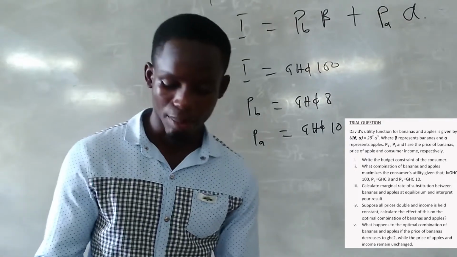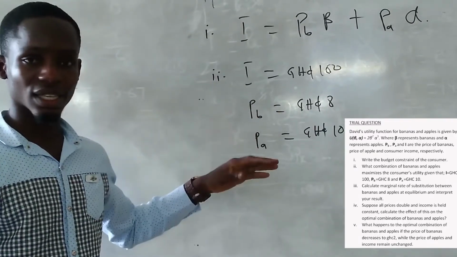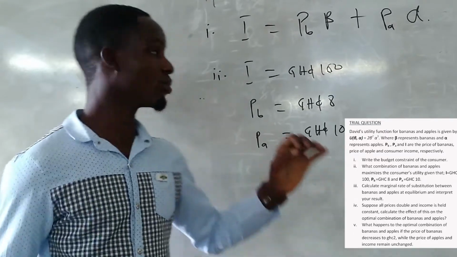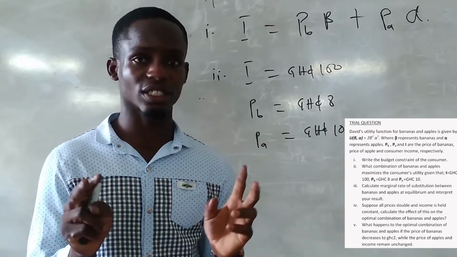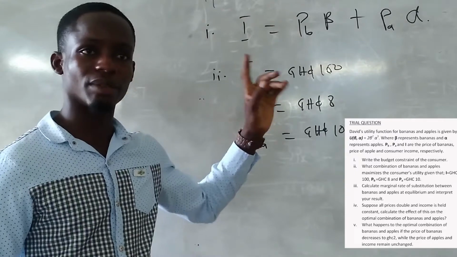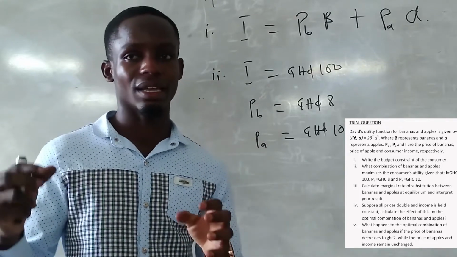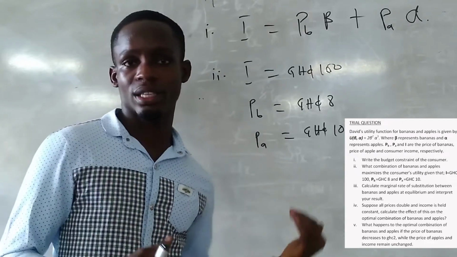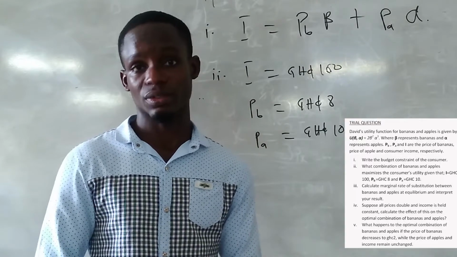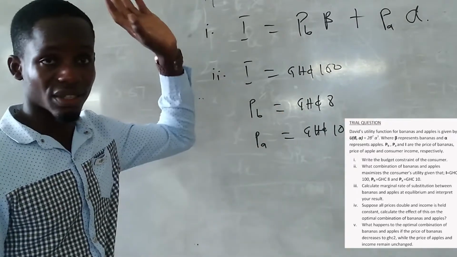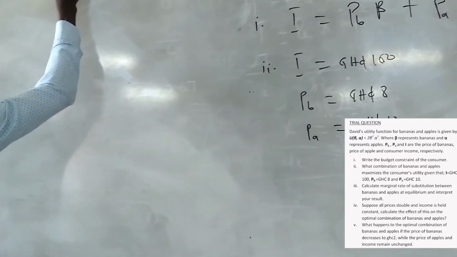Let's look at II. II says that what combination of bananas and apples maximizes the consumer's utility, given that the income is equal to 100 Ghana cedis, and price of beta equals 8 Ghana cedis, and then price of alpha equals 10 Ghana cedis.